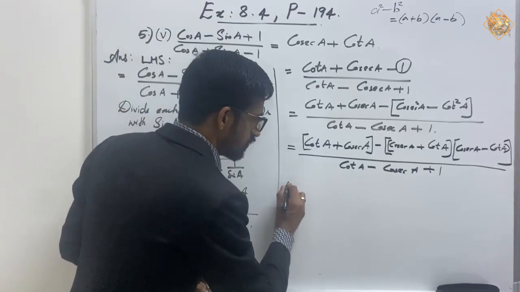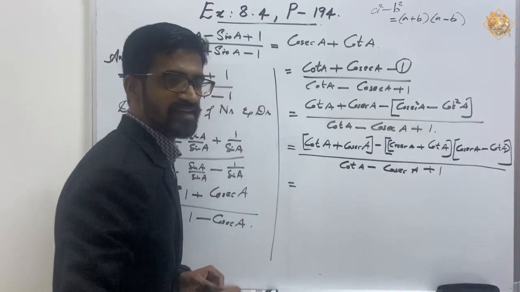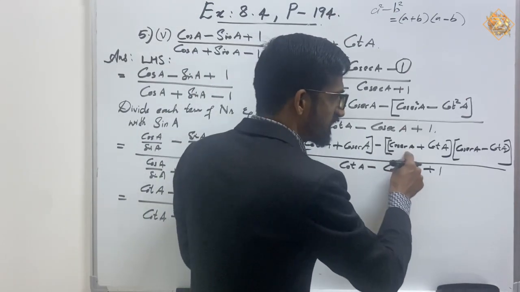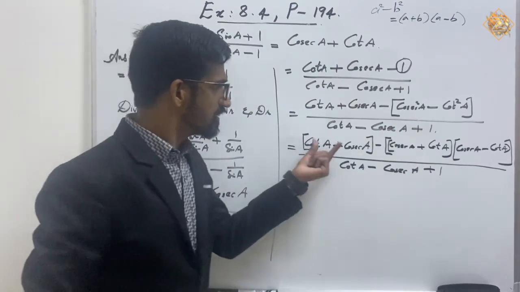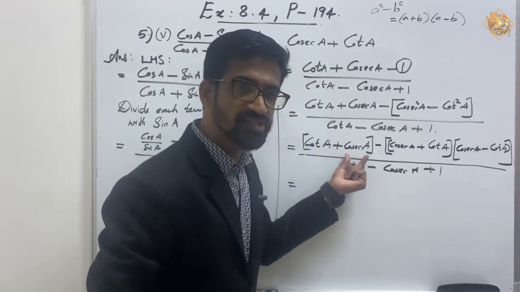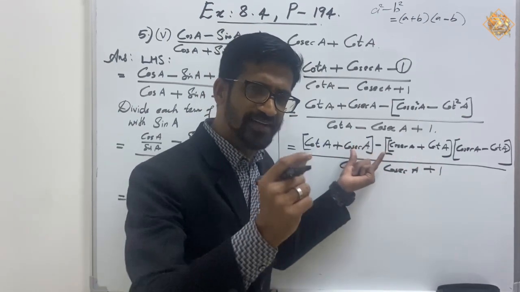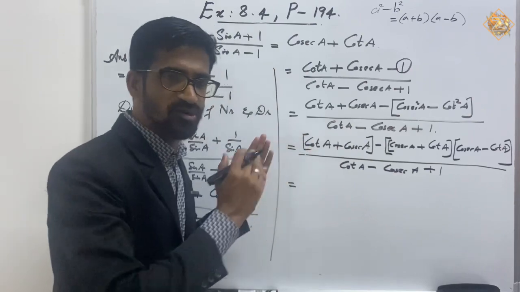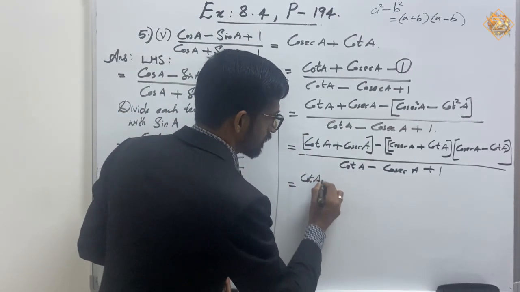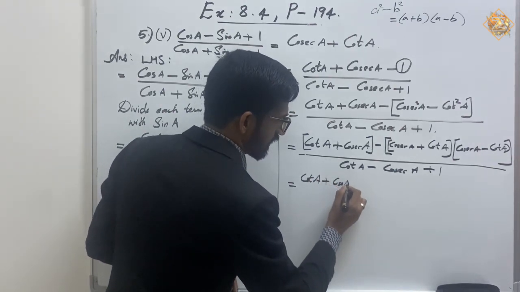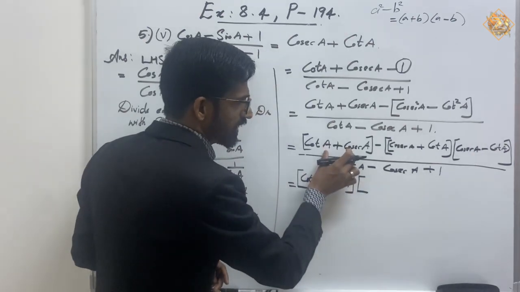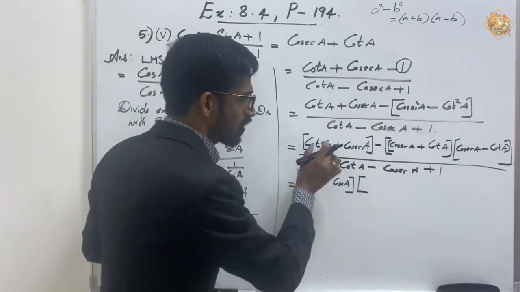Okay. Now when we look at this in the numerator, here cot A plus cosec A is there. Here also cosec A plus cot A is there. Now there are two terms where cot A plus cosec A is common, so that cot A plus cosec A I will take outside the bracket. Now when I take cot A plus cosec A outside, what's remaining there? 1, isn't it?